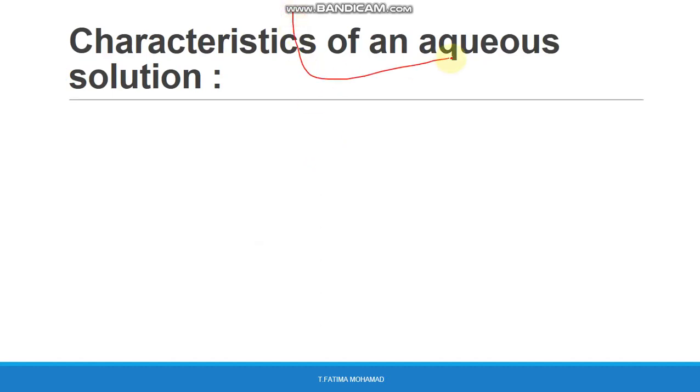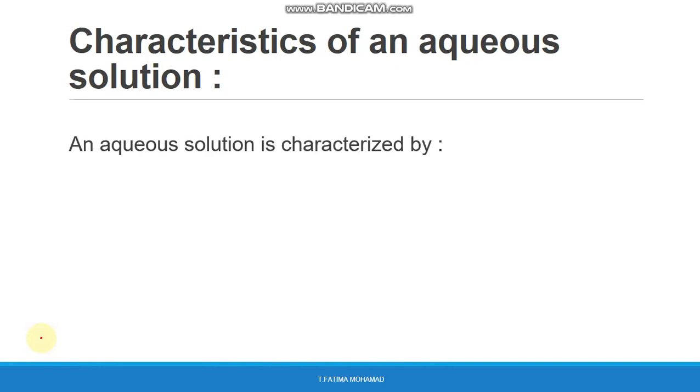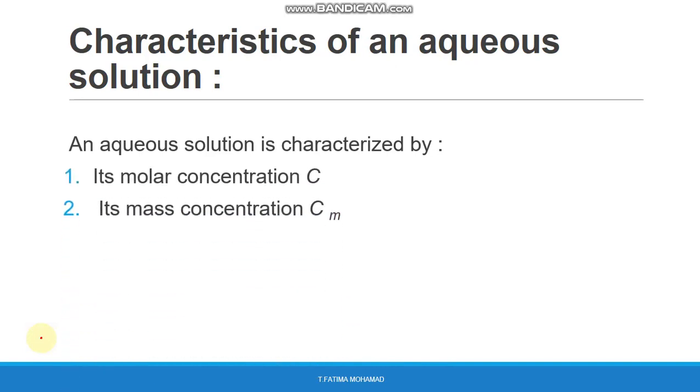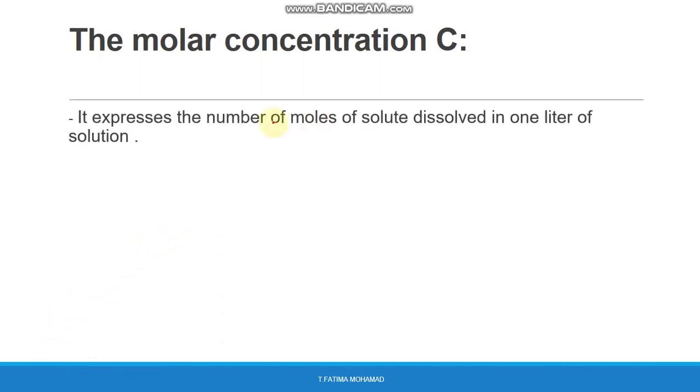Characteristics of an aqueous solution. An aqueous solution is characterized by its molar concentration C and its mass concentration Cm. What is molar concentration? Molar concentration expresses the number of moles of solute dissolved in 1 liter of solution.